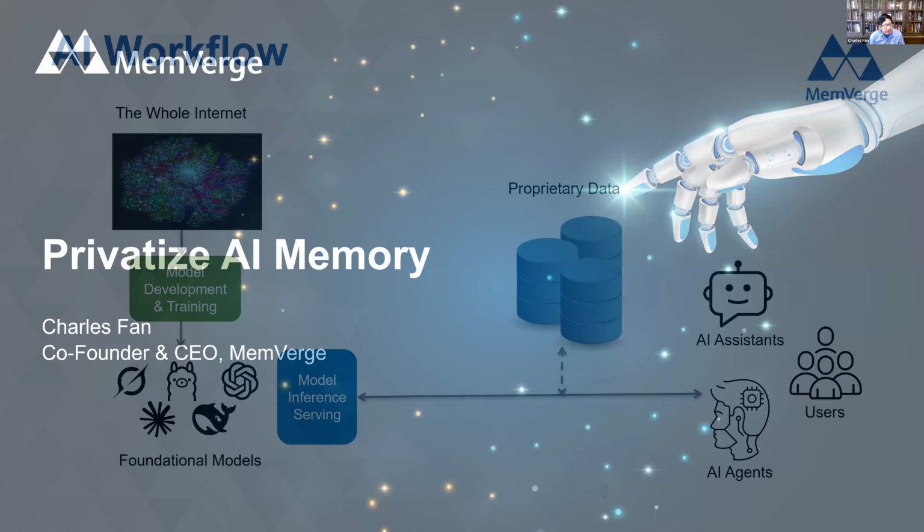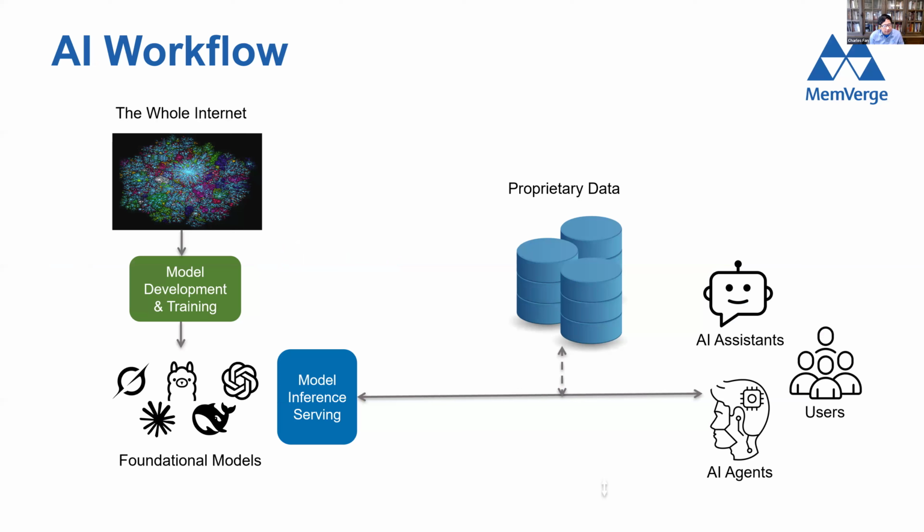Over the last 2 to 3 years, the large language model really revolutionized the AI industry. These pre-trained large models were trained using the data from the whole internet.